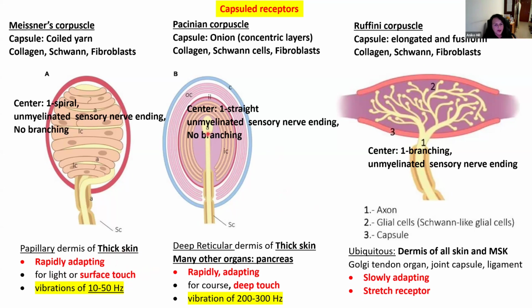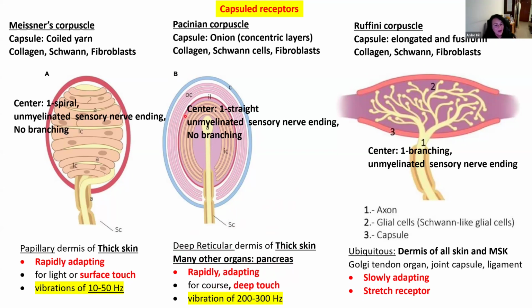And now let's look at the Pacinian corpuscle in comparison. This guy is sitting in the deep reticular dermis of the thick skin. And it's interesting, we can also find this guy in the pancreas. Since it has a capsule, it's also rapidly adapting, but because it's located very deep in the reticular dermis, it's going to be sensitive to strong, coarse, deep touch.